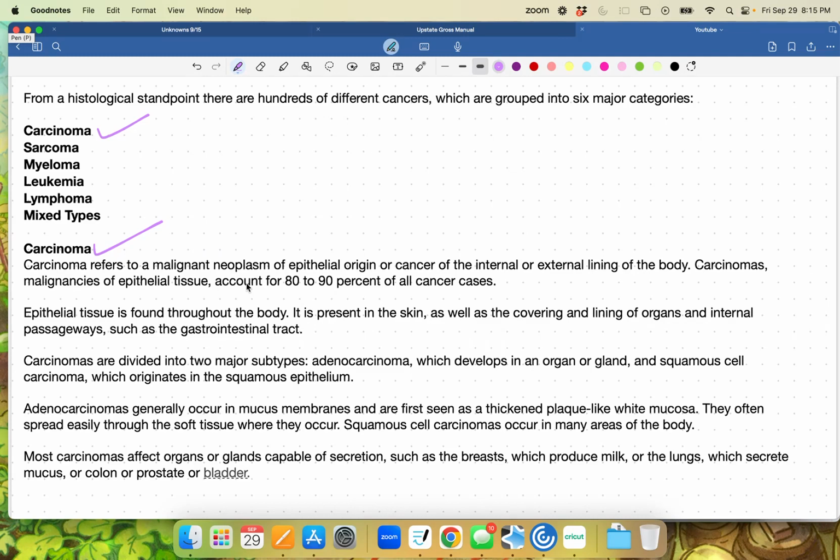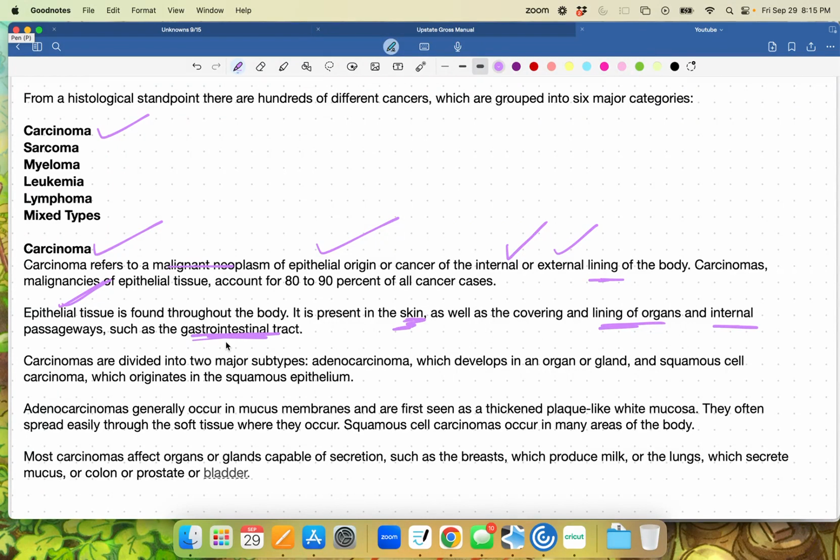So it is a neoplasm, a malignant one that is of epithelial origin, or cancer that involves external or internal parts of the body in terms of the lining of the body. So epithelial tissue is most commonly associated with skin, and it's also associated with linings of organs and internal structures such as our GI tract.